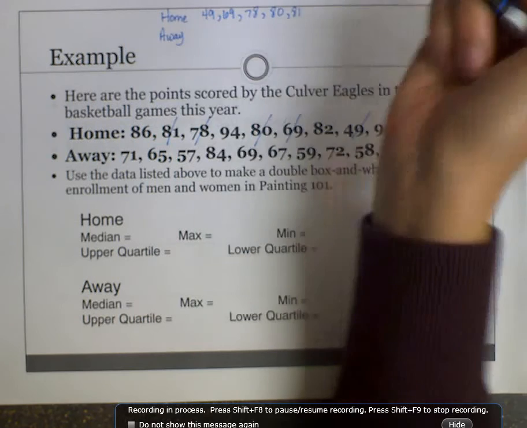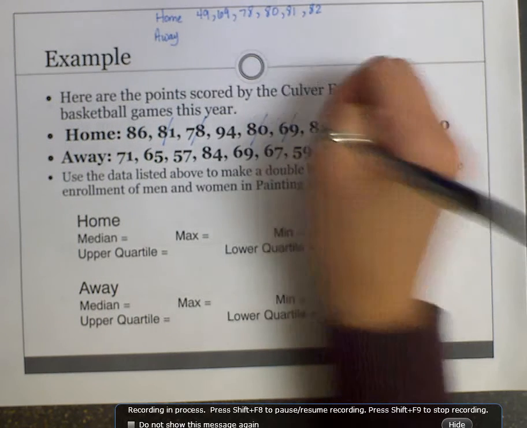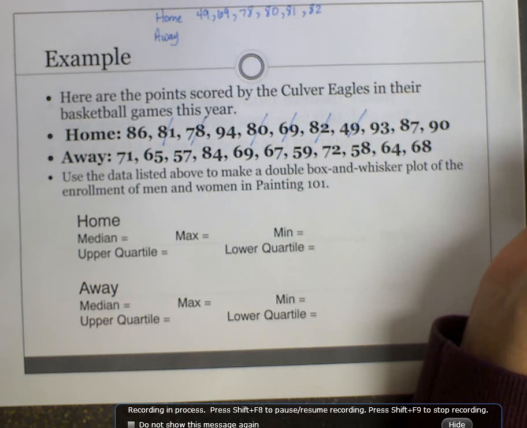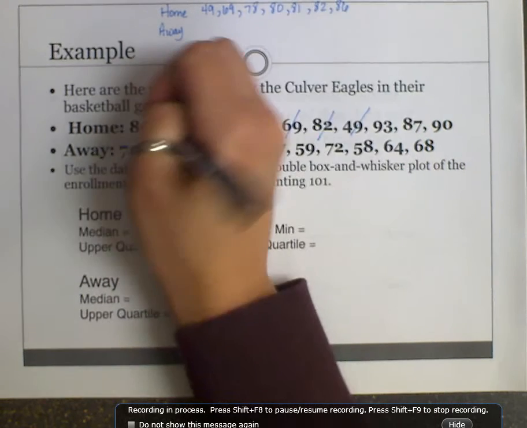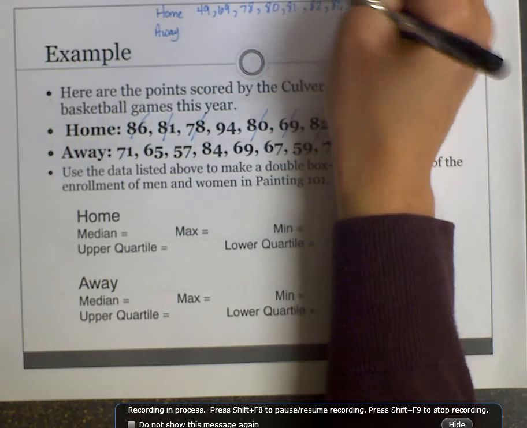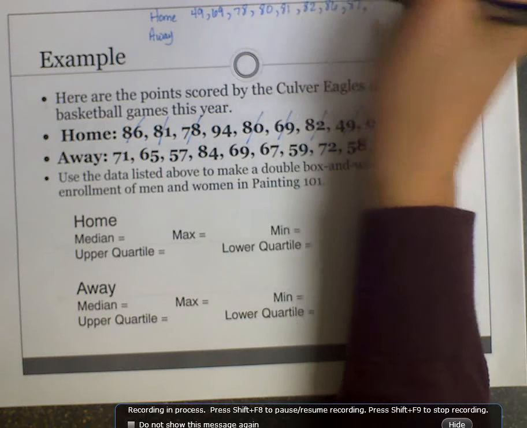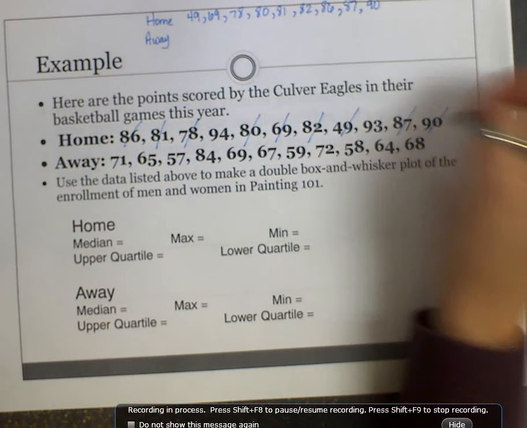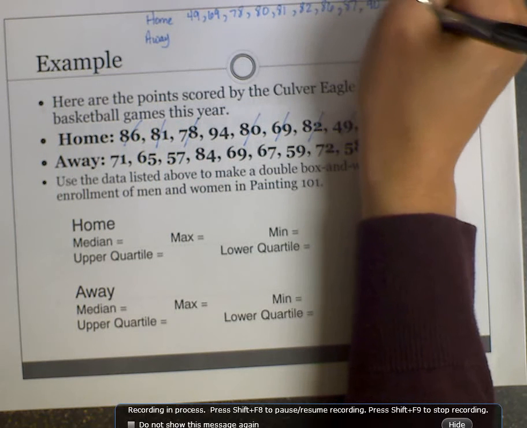After 81 is 82. After 82 is 86. After 86 is 87. After 87 is 90. After 90 is a 93. And we end with a 94.